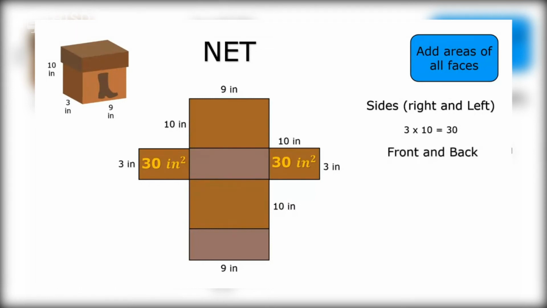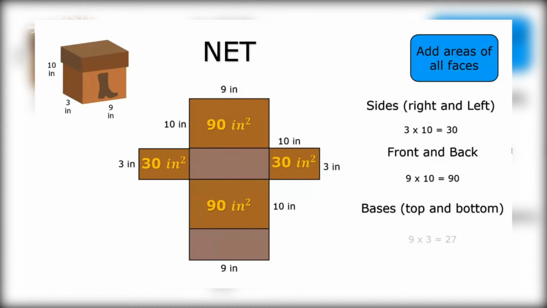Then I'm going to calculate the area for the front and back. As I can see, I just have to multiply 9 times 10, and that's going to bring 90 square inches to these two rectangles. Lastly, I'm gonna calculate the area for the bases, the bottom and the top, and that brings my calculation to 27, and I'm gonna put 27 square inches on each of these rectangles.